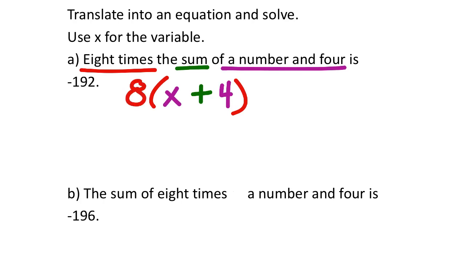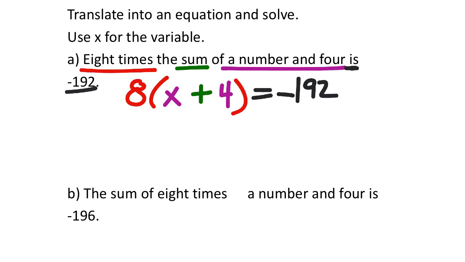This is a distribution problem. If you ever get 8 times or sometimes the sum or sometimes the difference, it's a distribution problem, okay? And again, we'll look at the difference in part B, but let's finish this one off. So it is, so there's another one of our keywords, that equals negative 192.